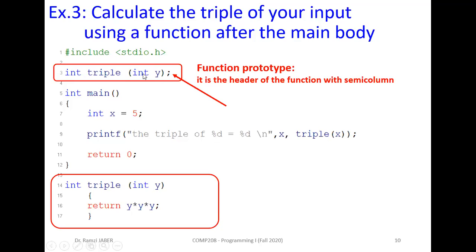Declaration again of the input. It can be float here. It's not necessary to be int. It can be an int function, but has float numbers, character numbers, whatever, char y, whatever. Also y, z, t, whatever. 2 arguments, 3 arguments, 5 inputs, whatever. Put semicolon. This is called function prototype.